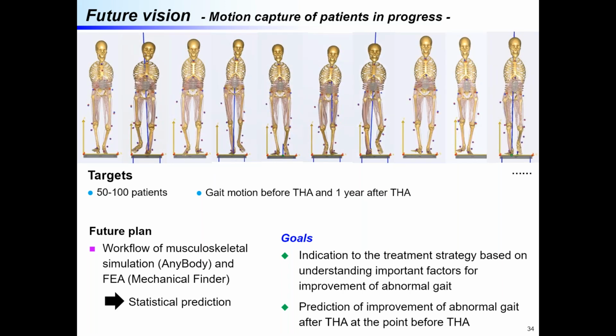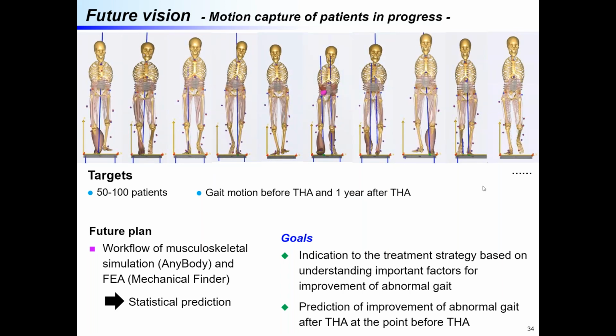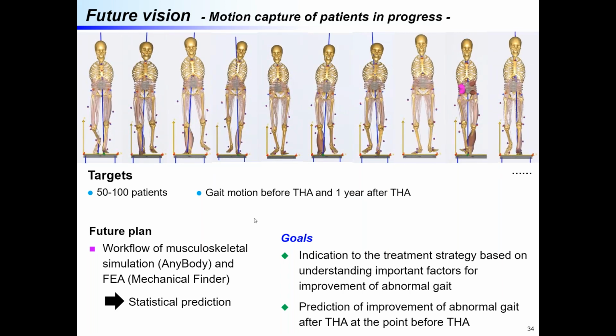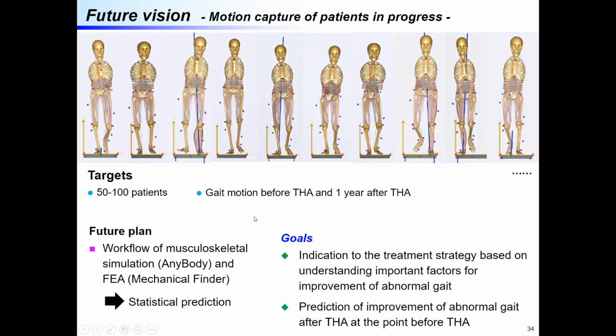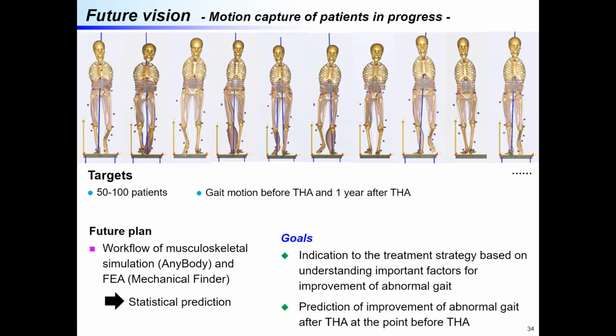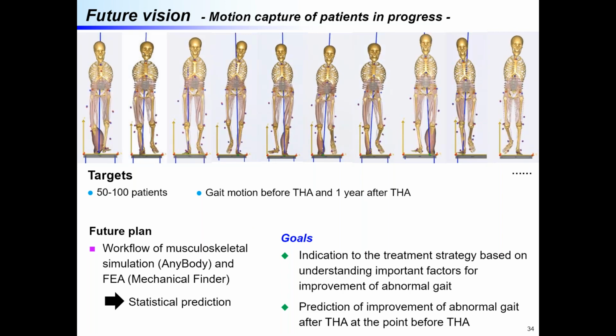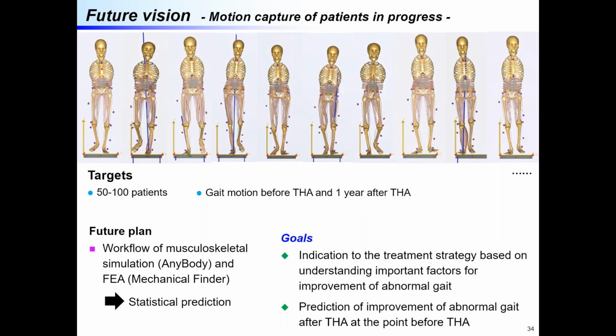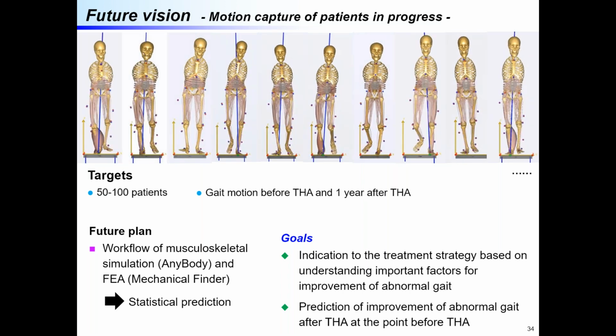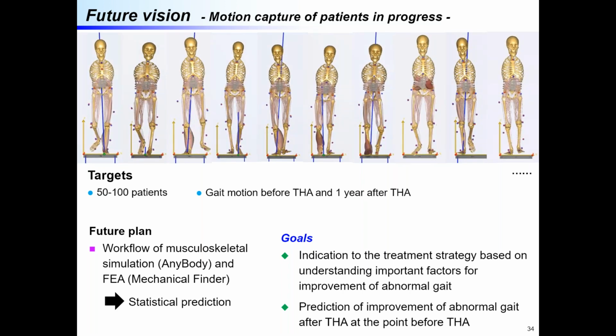We think it could lead to an indication to the treatment strategy based on understanding important factors for improvement of abnormal gait and prediction of improvement of abnormal gait after THA at the point before THA.